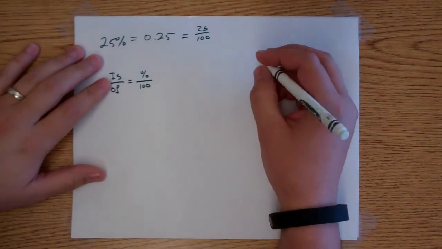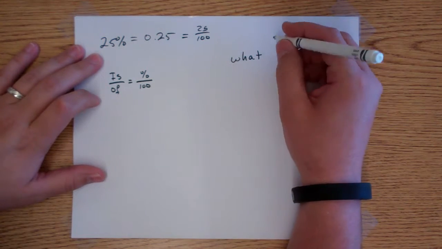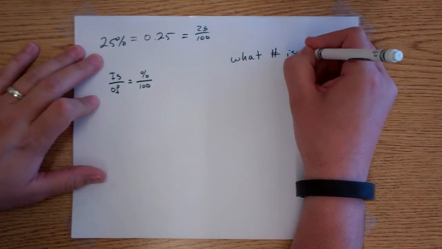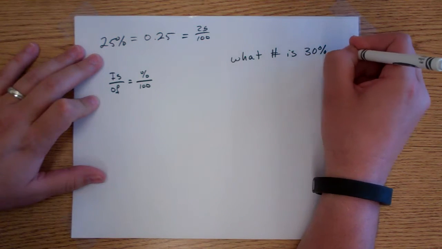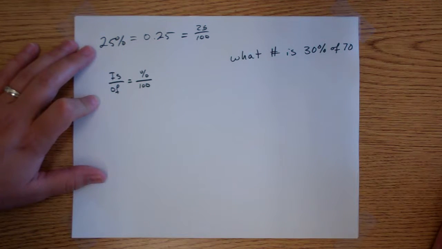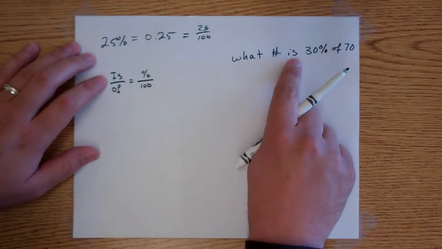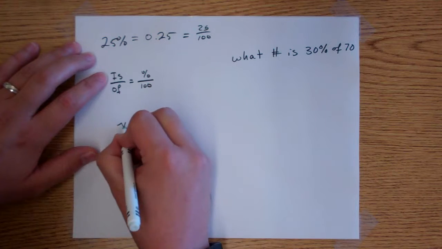For example, what number is 30% of 70? Well, we don't know the is. That's our x.